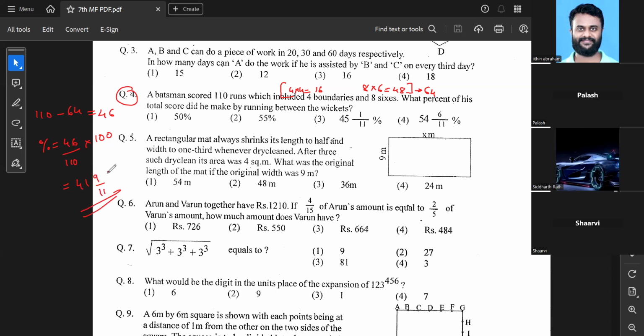How did you get 41? I simply divided and multiplied it by 100. I actually first cut the zeros, I cut the 0 out of 110. Understood, understood.